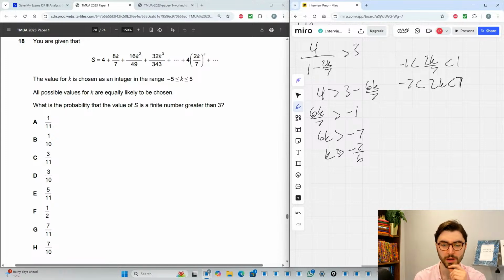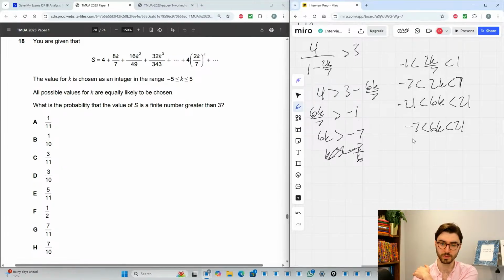In fact, why don't I make my life even easier here? Let me just work in 6k. In truth, if k has to be bigger than minus 7, it can't go as low as minus 21, so that is the restriction on 6k.